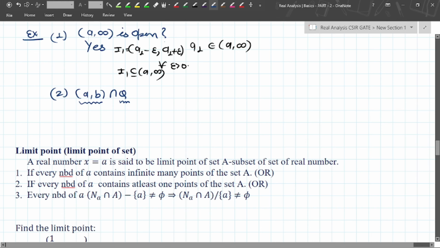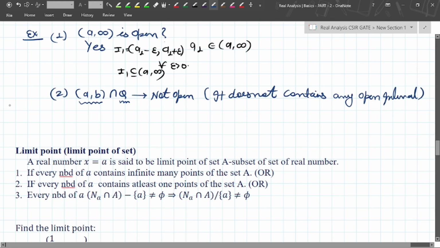If I take the intersection of this and this, Q does not contain any open interval. So it is not open. It does not contain any open interval.